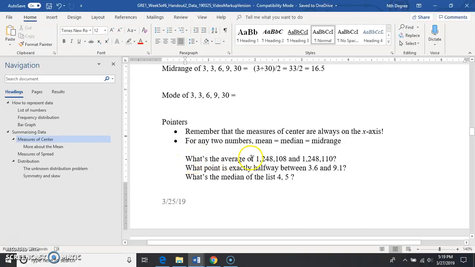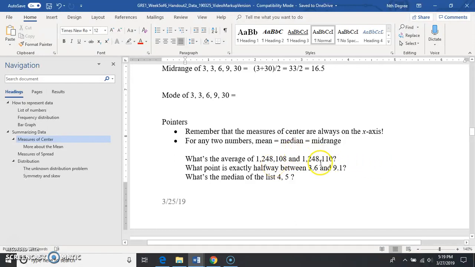What is the average of 1,248,108 and 1,248,110? Now, if a student is not thinking very elegantly, they see the word average and they say, oh, I'm going to add these numbers together and then divide by 2, which is fine. You'll get the right answer, but it's going to waste a minute. Think about this a little more smartly.